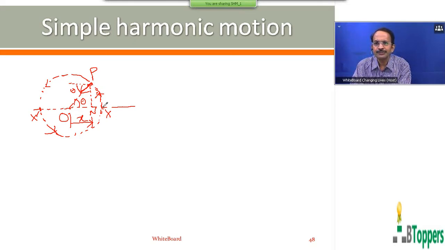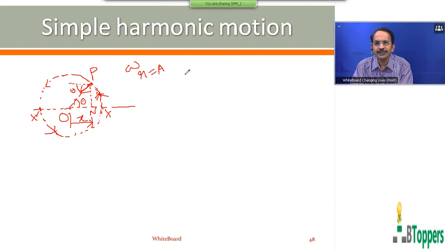Here, as I discussed, the particle is moving in the circular path in the anti-clockwise direction in the plane of the diagram with uniform angular speed omega. The radius of the circular path is equal to A, which is the same as the displacement amplitude for the projection of the particle on one of the diameters.